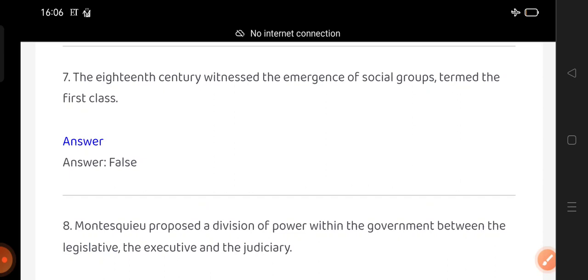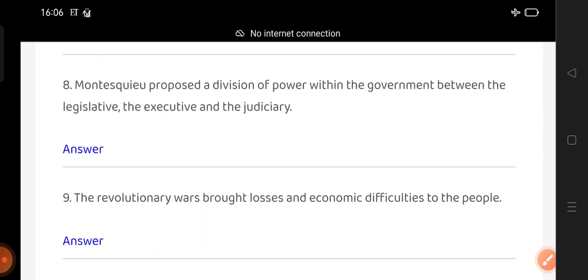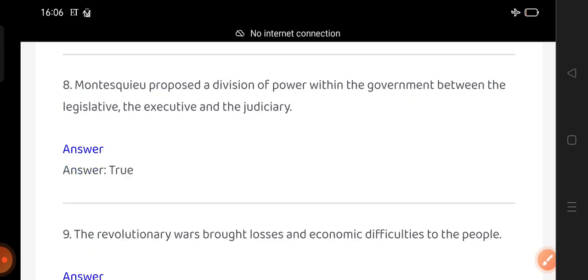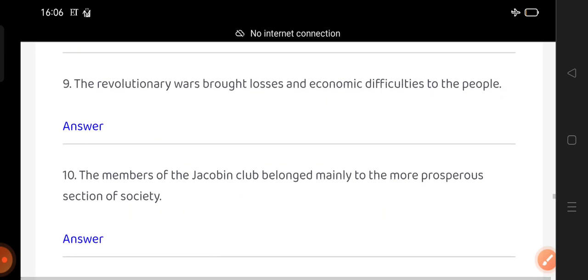If there is any confusion, let me know. If there is any error also, let me know. Number 8, Montesquieu proposed the division of power within the government between legislature, executive and judiciary. True or false? Okay, got the answer. Then now move to the next one.